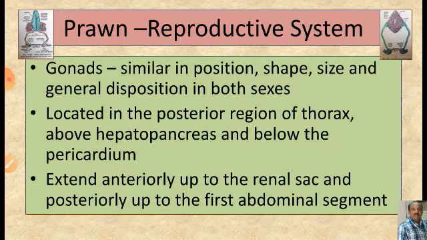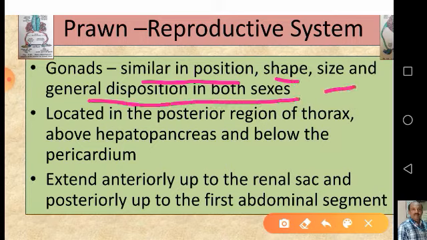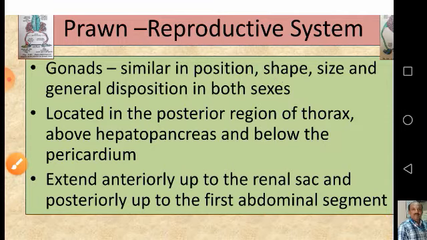Gonads are similar in position, shape, size, and general disposition in both sexes. Their location in the body, their shape and size, the general disposition, meaning general look, are the same in both sexes.